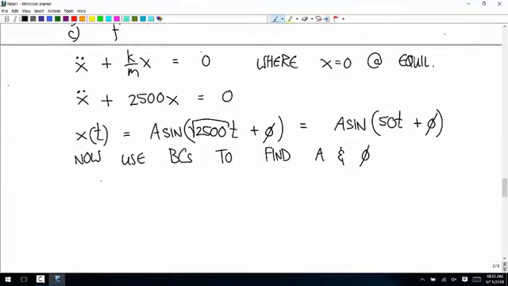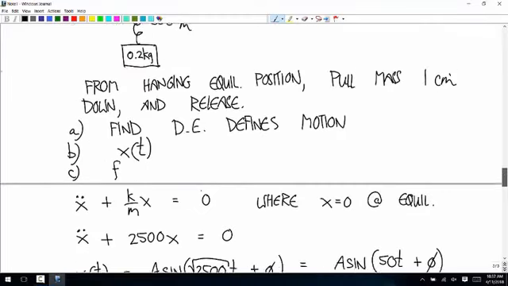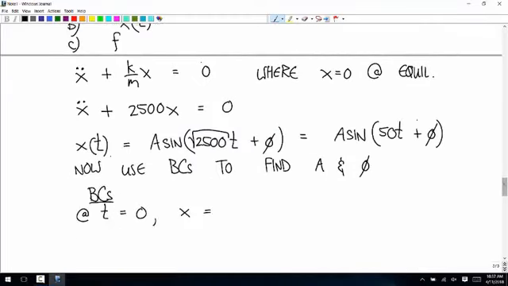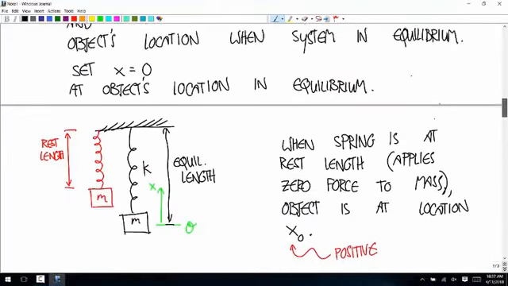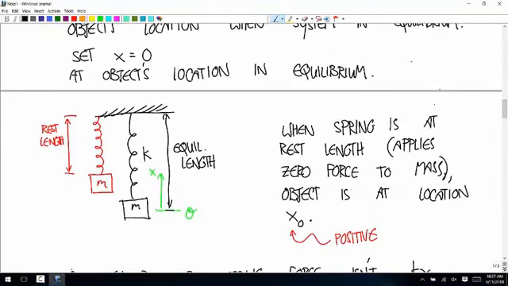All right, well, we know that at time equals 0, x is equal to, what's x equal to? Remember that we're doing this all with positive x going up, and we pulled it down.